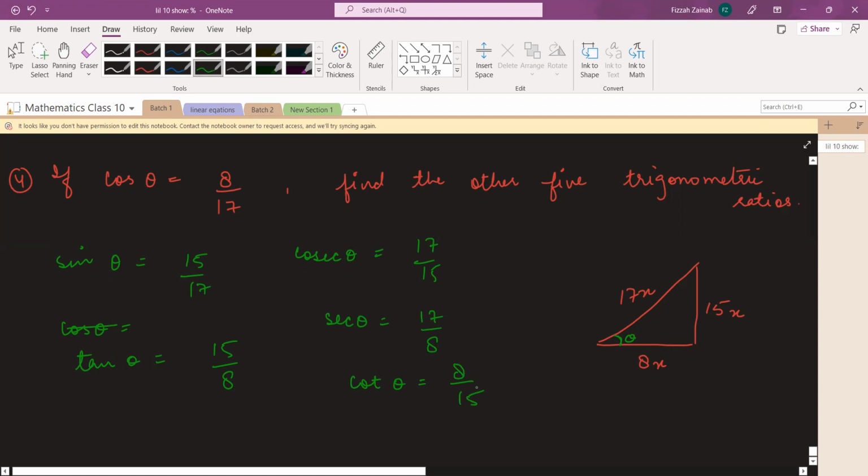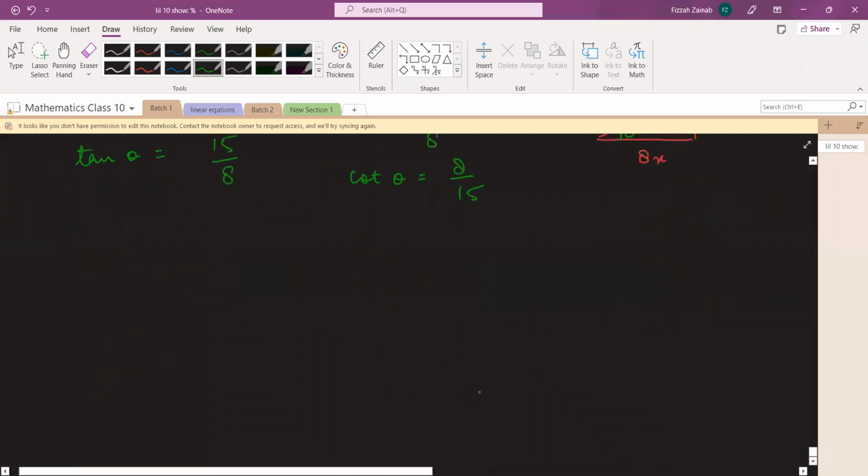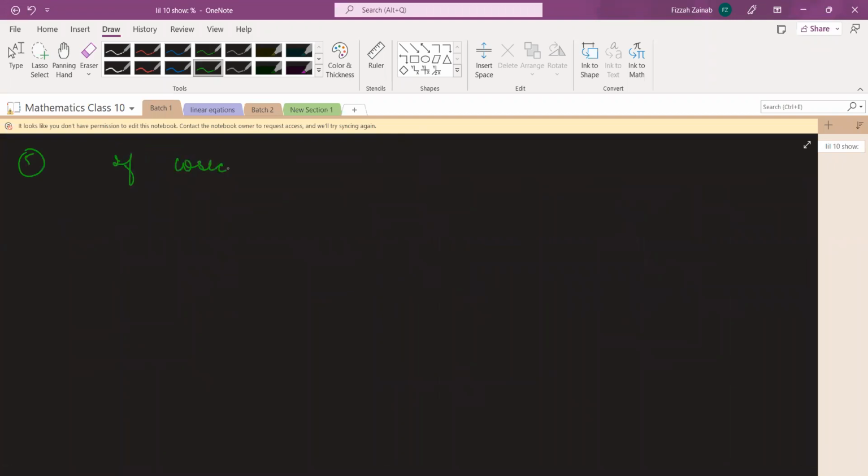Okay, one more question I'm giving you and you will do it. If cosec of A is equal to 2, find the value of 1 upon tan A plus sine A divided by 1 plus cos A. Now please do it.